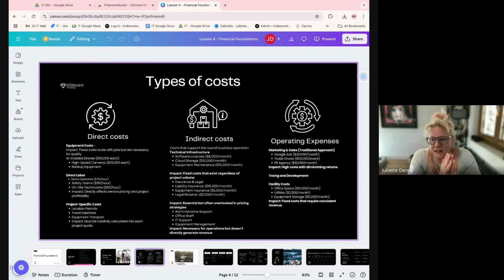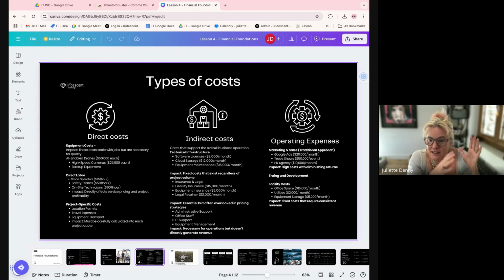Then for each project that they do, right, they also have project specific costs. Okay, so those project specific costs are location permits, travel permits, equipment transport, and all of this basically makes up the direct cost of each project.